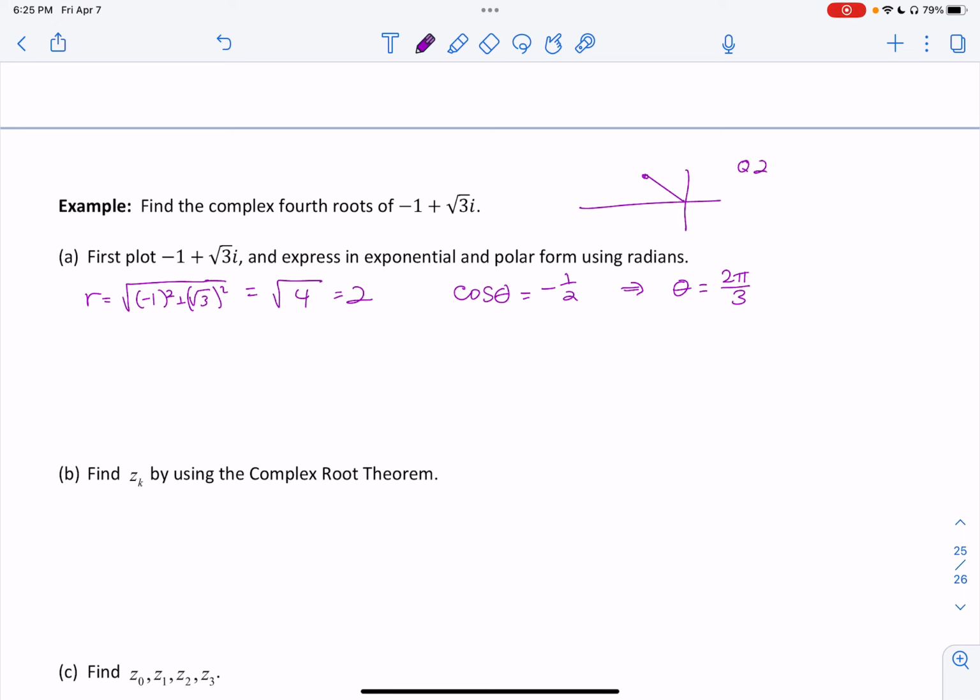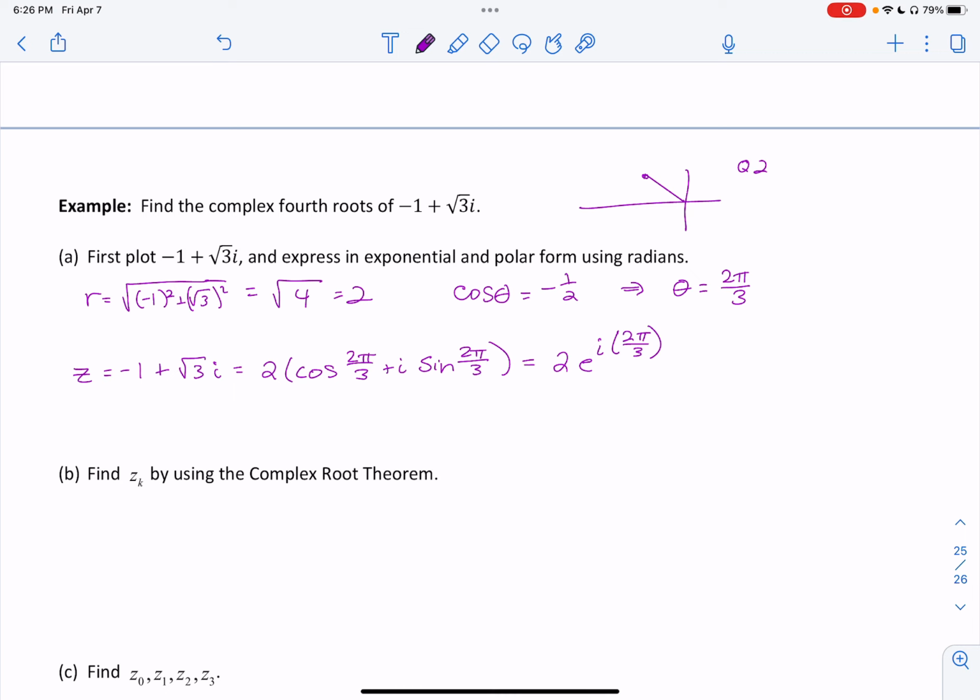Okay, so I can write my complex number z equals negative 1 plus square root of 3 i in polar and exponential form. I'm going to use polar first. That's equal to 2 times cosine of 2 pi over 3 plus i sine of 2 pi over 3, which is equal to 2e to the i times 2 pi over 3.